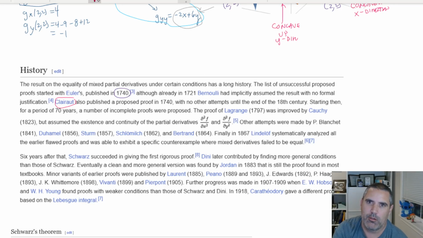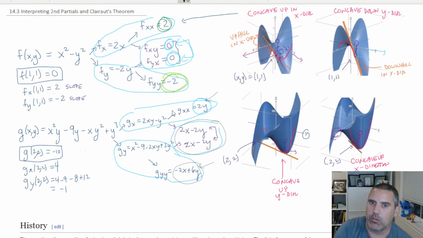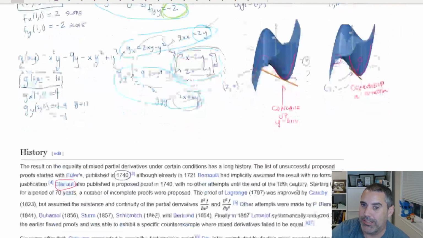When you search for counterexamples, they're kind of obscure. And I noticed that everyone gives the same couple counterexamples. And I'm not an expert in this area. So for all intents and purposes, for what we consider, second partials are equal, and they can be used as a way to check your work. It's a way to check your first partials. If your second partials aren't equal, then that probably means you messed up your first partial. So it's a nice way to check like that.